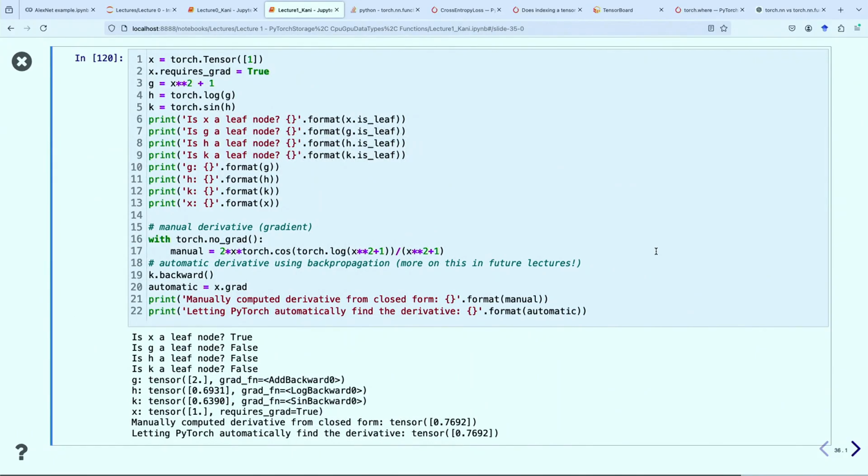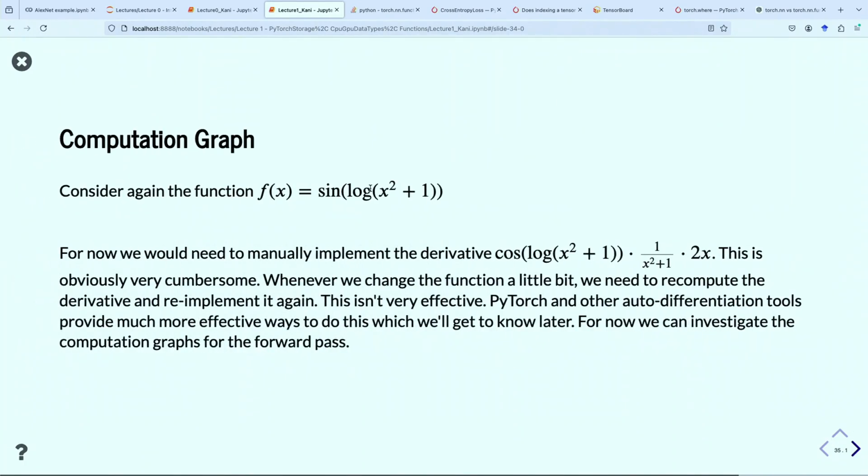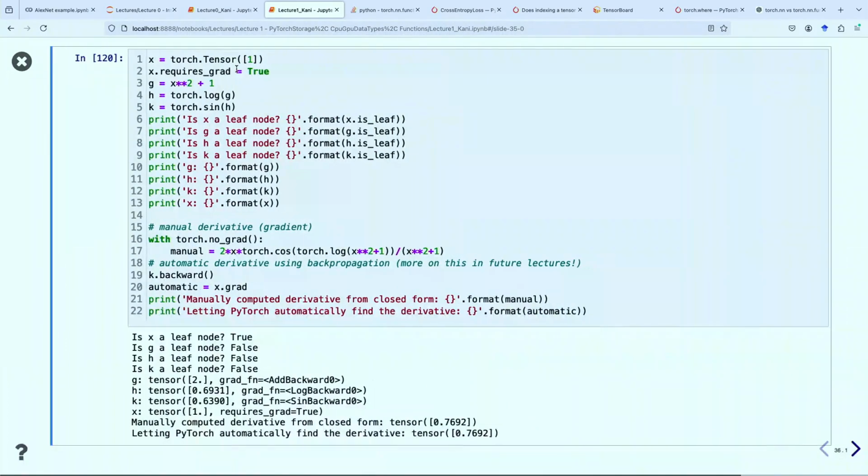So what does a computation graph do? Well, let's first look at a piece of code for how we would compute the derivative of this composite function, f of x equals sine of log of x squared plus 1. Well, we simply set x to be a tensor, and we tell PyTorch that we want to calculate the gradient, i.e. the derivative with respect to x, with requires_grad equals True.